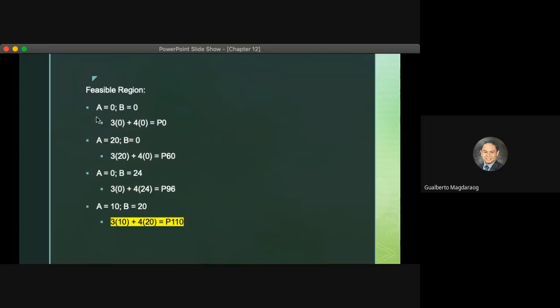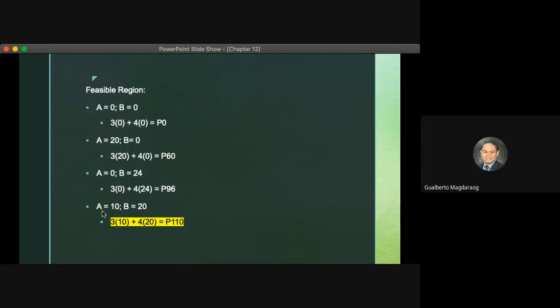So if you choose A0, B0, the contribution margin is 0. A20, B0, we will get 60 pesos contribution margin. If we will not produce A and we will produce B only, we will get 96 contribution margin.